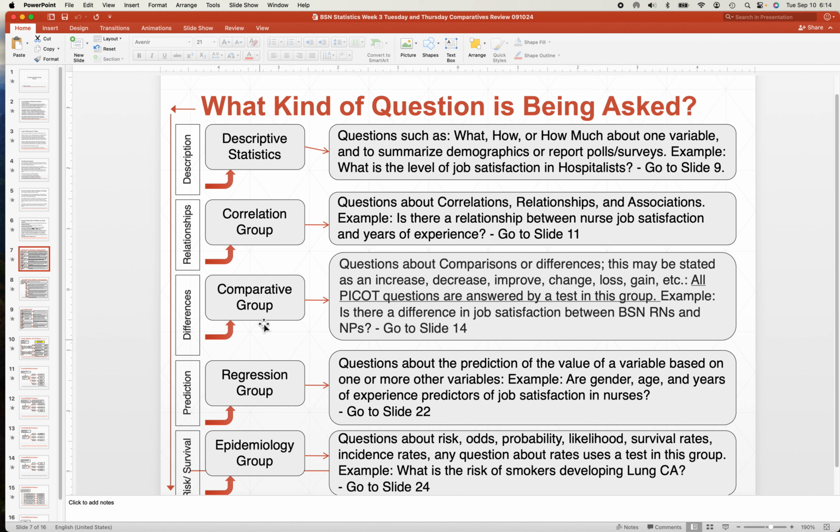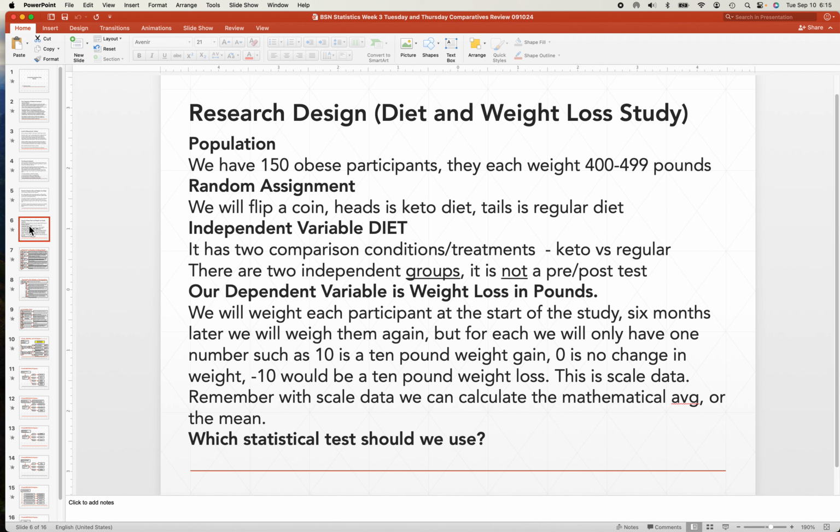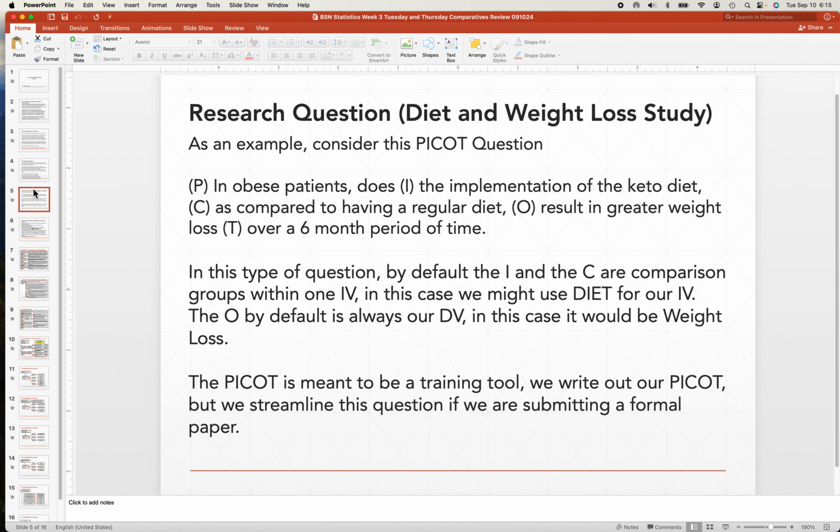So we go to the next group. The next group, the comparative group, by default, any PICO question does fit in with this group, but basically here we're asking questions about comparisons or differences, which may be stated as an increase, decrease, improve, change. And if we look back again at our PICO question, we do have one very significant word in the question, the word compared.